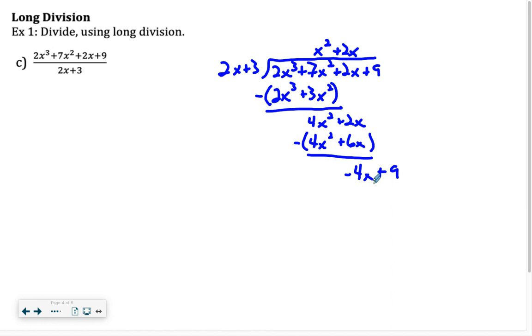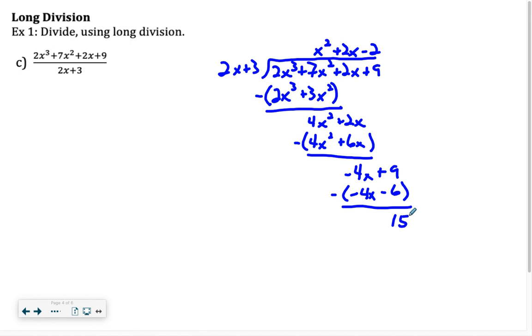2x times negative 2 would get me negative 4x, and multiply negative 2 times everything over here. So negative 2 times 2x is negative 4x. Negative 2 times 3 would be negative 6, and subtract. So these cancel. 9 minus negative 6 would be 9 plus 6, so that would be 15.